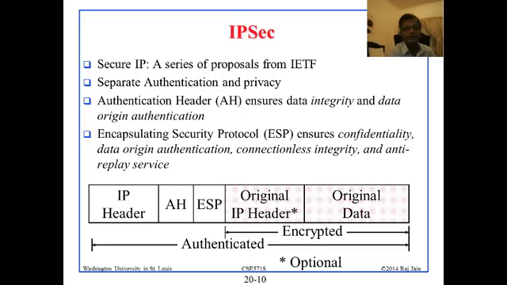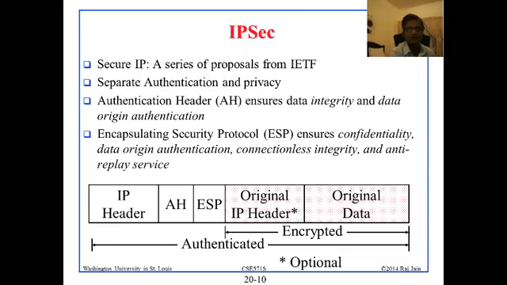The second is ESP, the encapsulating security protocol. The name doesn't really tell what we are talking about, but basically this is encryption. It ensures confidentiality, data origin authentication, connectionless integrity, and anti-replay service. So it offers everything that AH does and more.